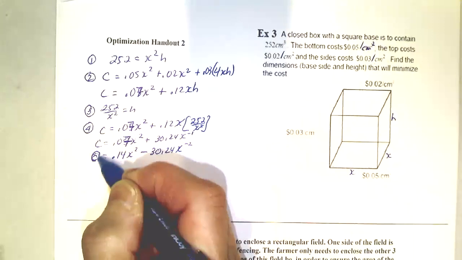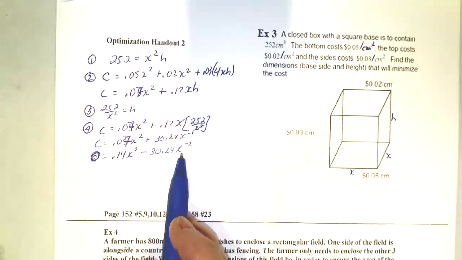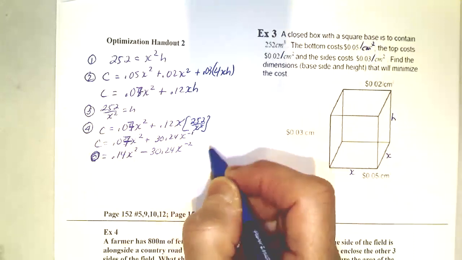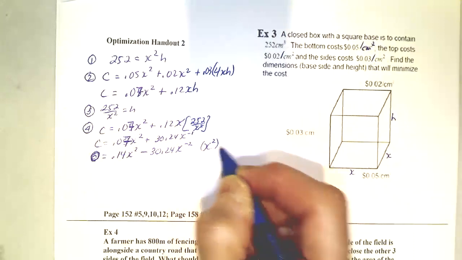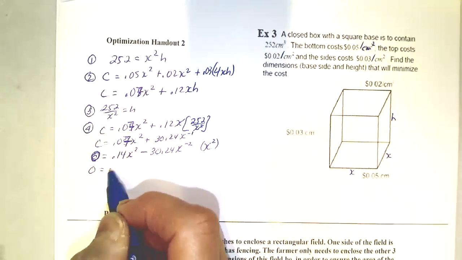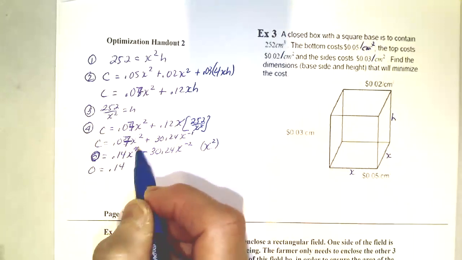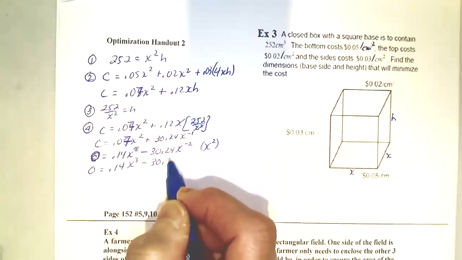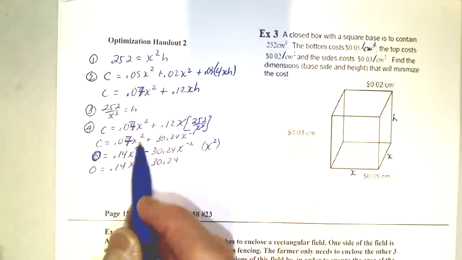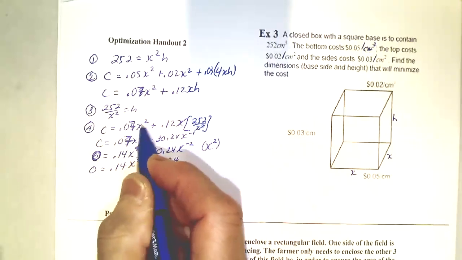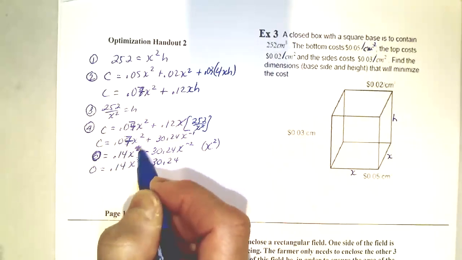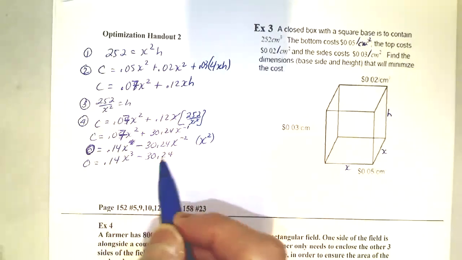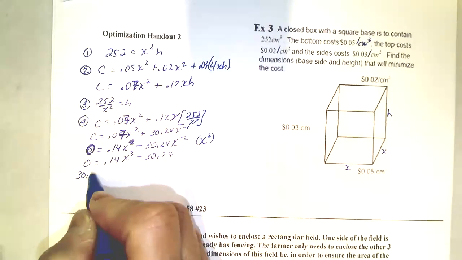I then set the derivative equal to 0 and solve. Remember, here's that classic negative exponent, which is always going to happen, so I'm going to multiply everybody by x squared and get x cubed here, and then 30.24. So the derivative is 2 times 0.07, which is 0.14, and then you drop the exponent by 1. Multiply everybody by x squared. I solve.